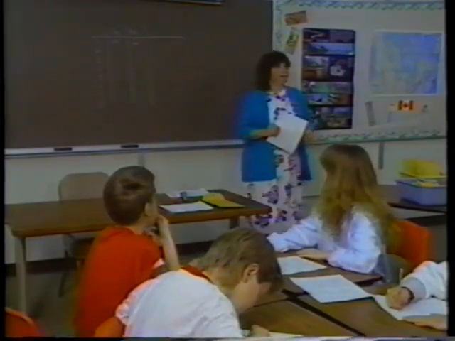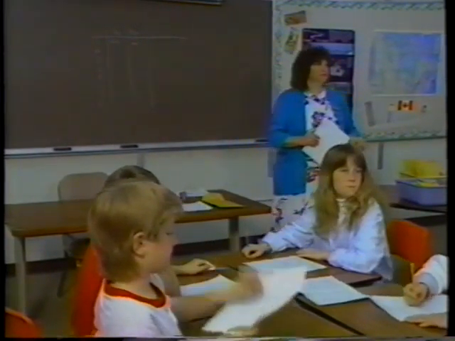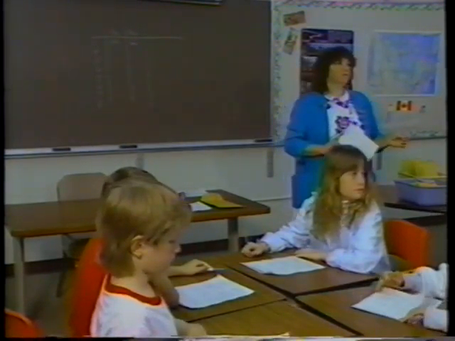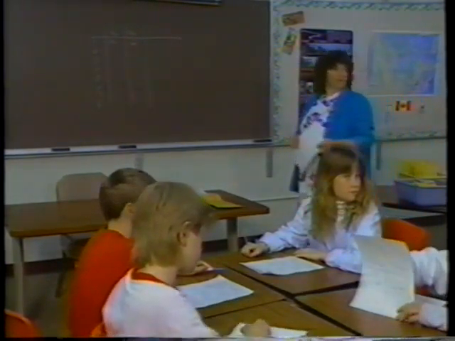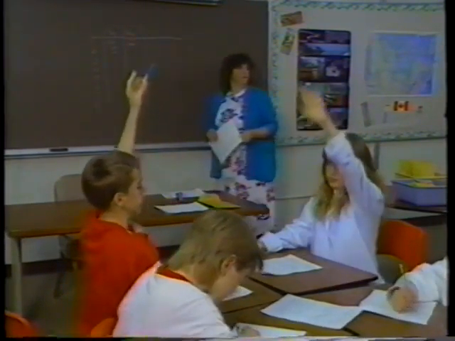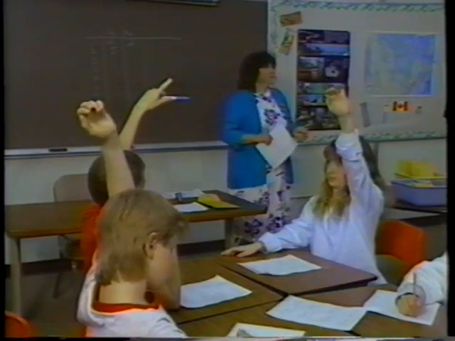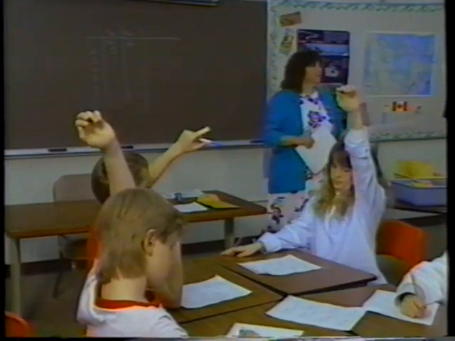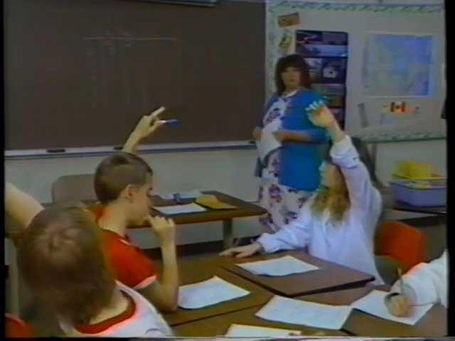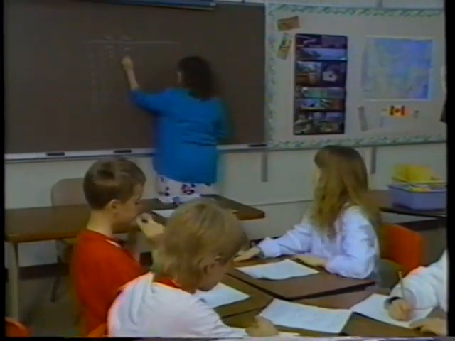On the second one, how many said yes, it will light? 1, 2, 3, 4, 5. Okay, 5 of you. How many said no, it won't? 1, 2, 3, 4, 15, 16, 17, 18. Okay.